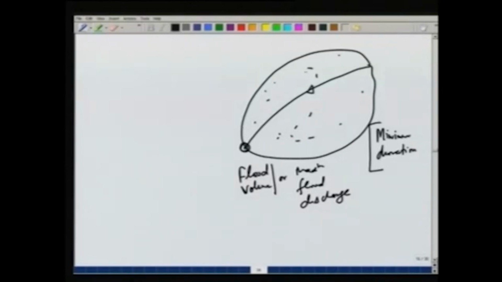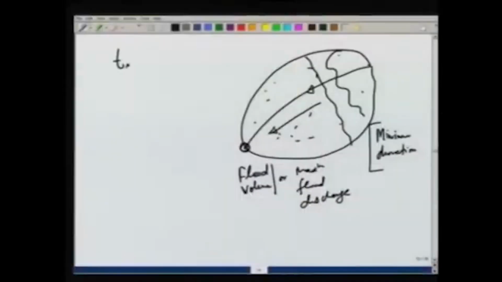may not contribute to the flow. So, if the duration is very small, suppose the duration is such that only this much area is contributing to the flow at one time and then the flow from this area reaches after some time, then we will not be able to get the maximum flow discharge.